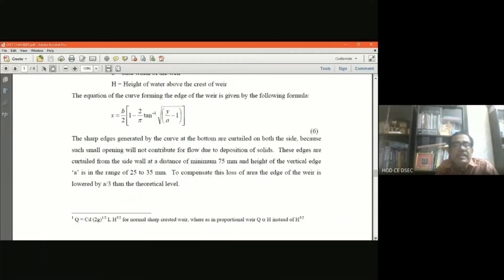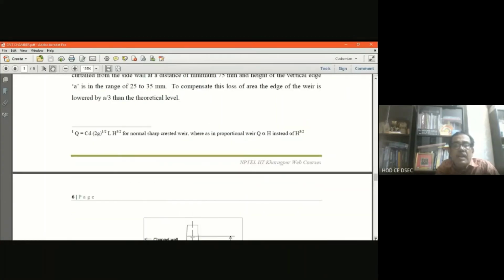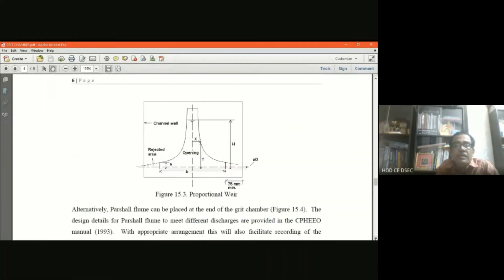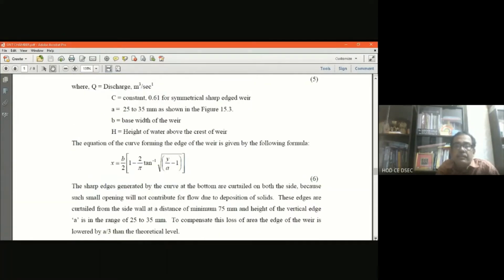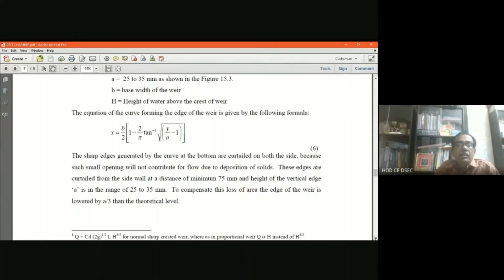Here one consideration is there: the sharp edge, if you see both sharp edges, that dotted portion may be neglected, rejected. Why? Because the velocity is too low, the particles will be blocked over there, and that small opening will not contribute to flow due to deposition of solids.